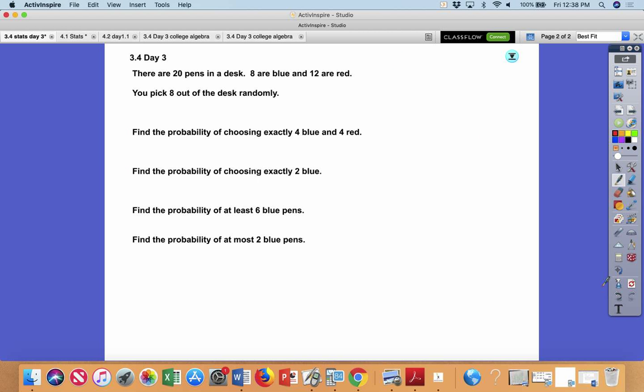Okay, let's do this one. How many are we picking? 8. Thank you. But 2 of them are blue, and again, it's implied that 6 are red. So 2 blue and 6 red.